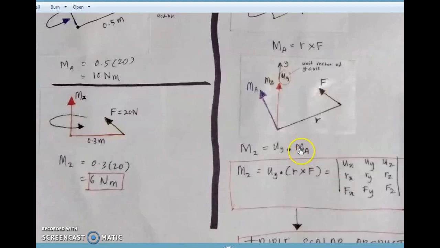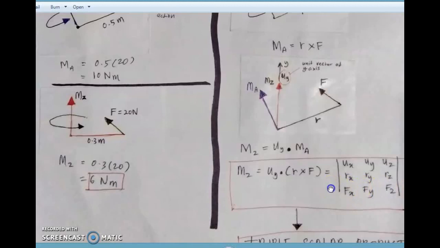So MA is equal to R cross F. This equals, you can write it like this matrix. The first line is the unit vector, the second line is your line of action or R, and the third line is the line of force.